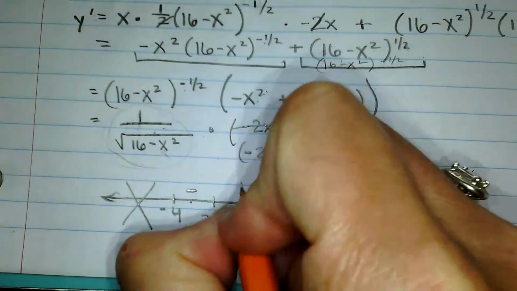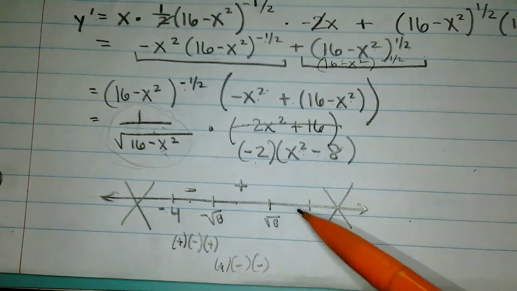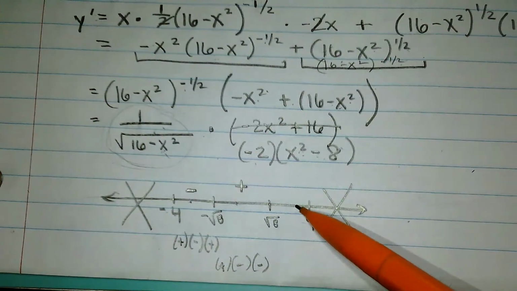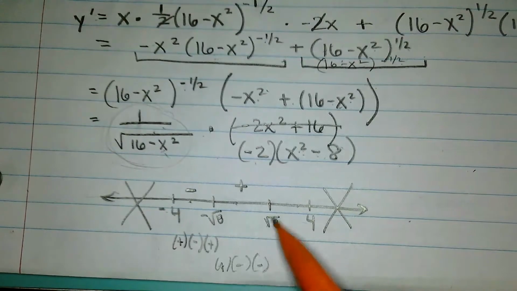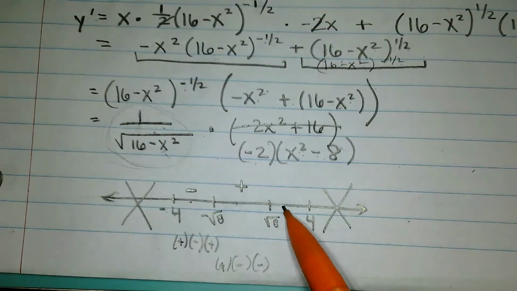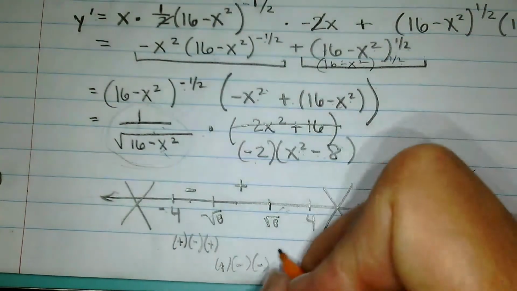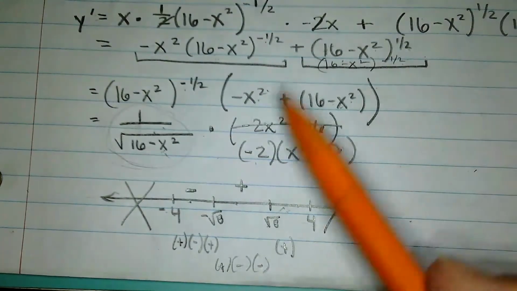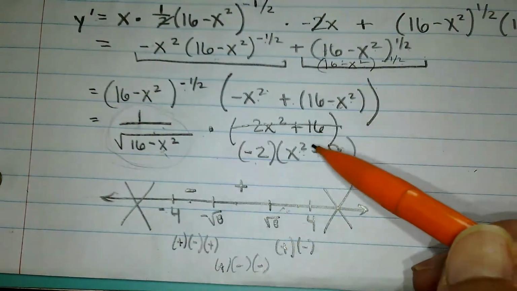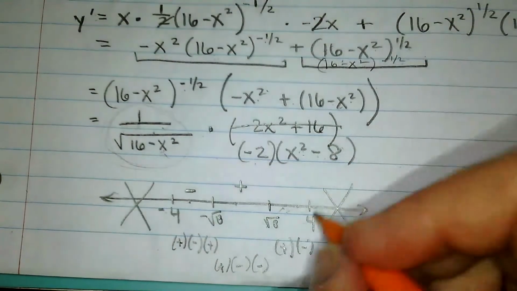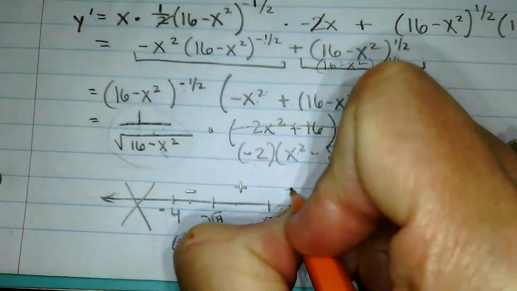So it's going to be another positive. And then if I plug in 3, because this is just under 3, just under the square root of 9. So 3 is fair game. So I plug in 3, and I'm going to get a positive times a negative times a positive, which is a negative.